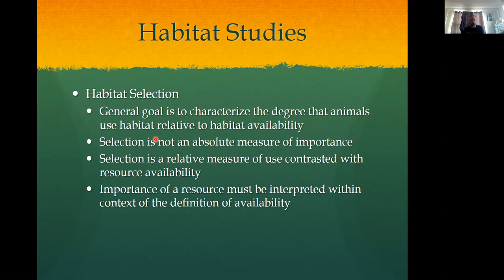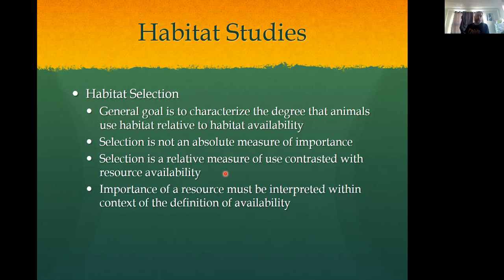It's going to be under selection, right? It would be less utilized. But without those nest cavities, they don't live there, right? So you need to free yourself from the idea that commonly used and important are necessarily the same thing. What it absolutely is, it's not a measure of importance, it's a relative measure of use relative to availability, right?